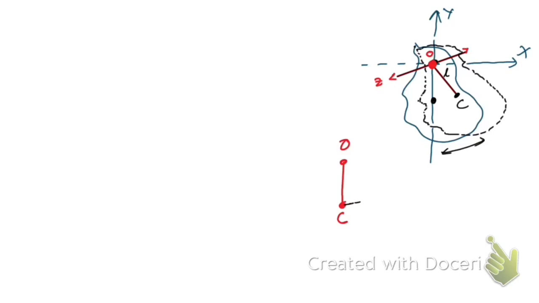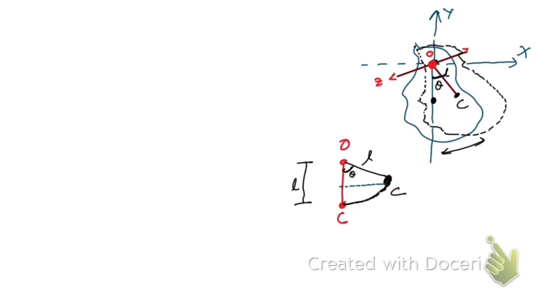It oscillates and reaches this point, suppose C, and if this distance is L, then this must also be L. But what will be the height below O to this level? If we consider the angle through which it oscillates to be theta, this is theta.